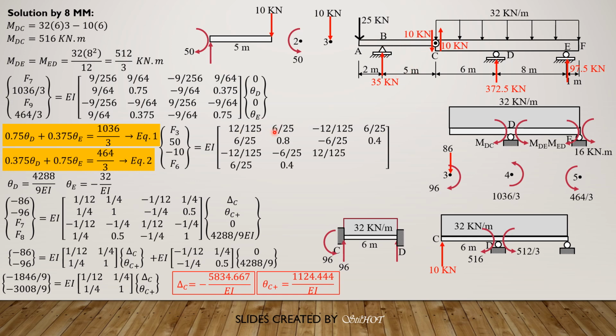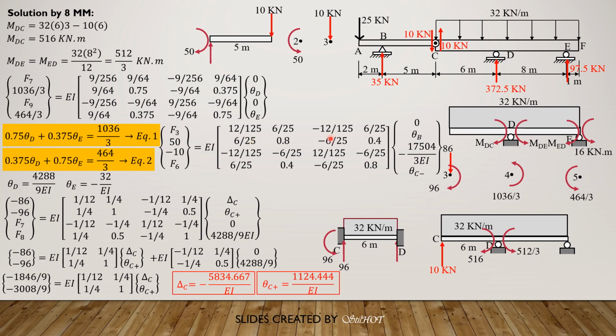This is 6 times 1 over 5 square, so 6 over 25. The negative of this first entry, then we copy that 6 over 25 there. Then this is 6 EI over L square, so 6 over 25. This is 4 times 1 over 5, so 4 over 5 is 0.8.